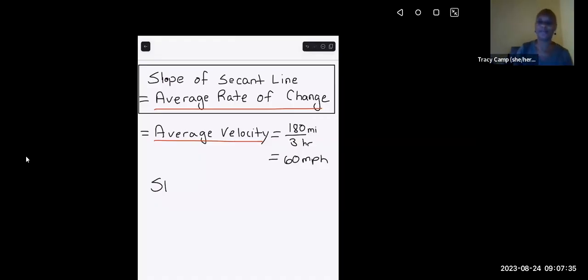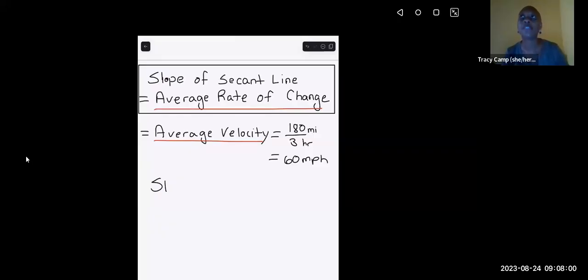Or students per semester at Laney, the number of students per each semester that's changing. So it can be any average rate of change.